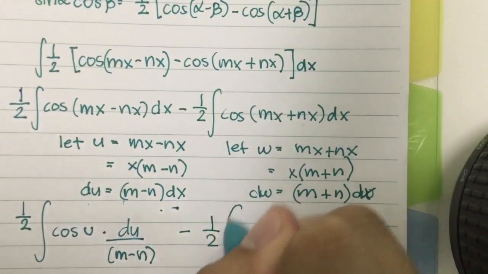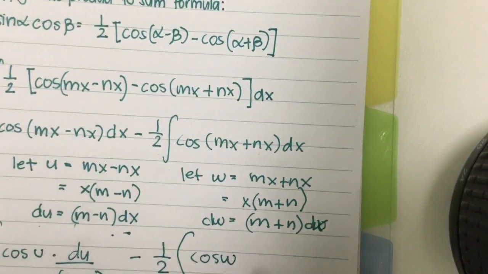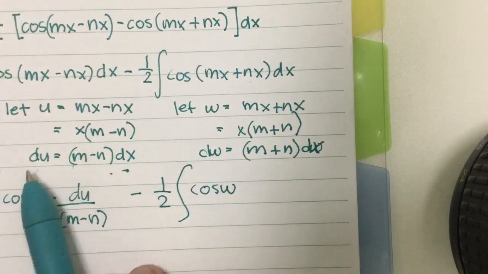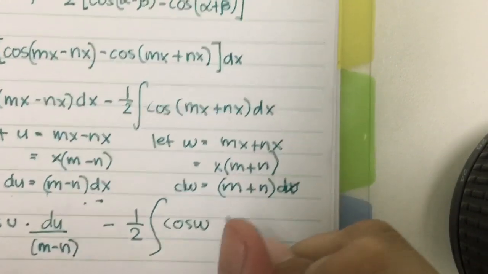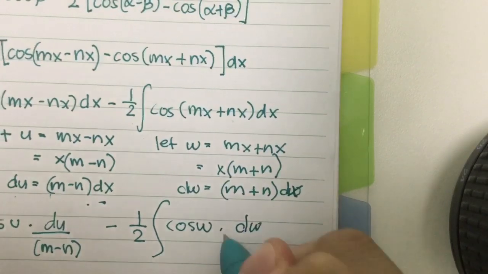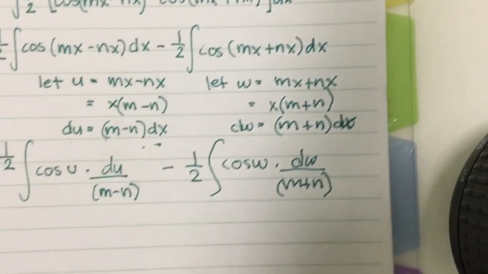Minus 1/2 integral of cosine w. And again, same with dw here: divide both sides by m plus n, giving us dx.